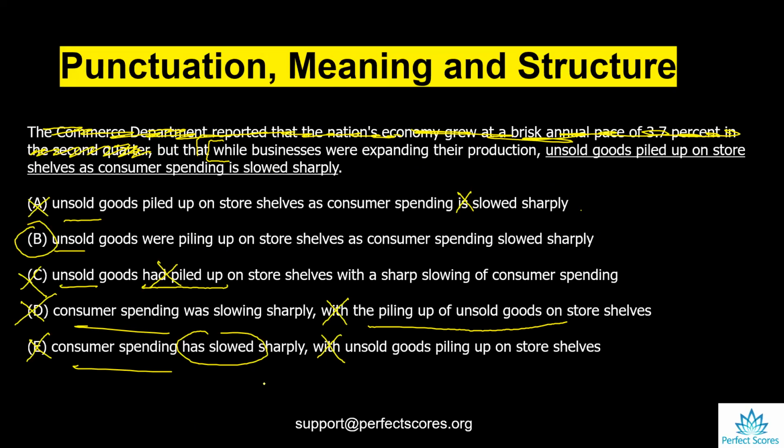Another thing that I want to highlight is sharp slowing. Now, sharp is an adjective. Do you think this group, a sharp slowing, is correct or is it wrong? Just remember those rules about the adjective and the adverb that we just did.